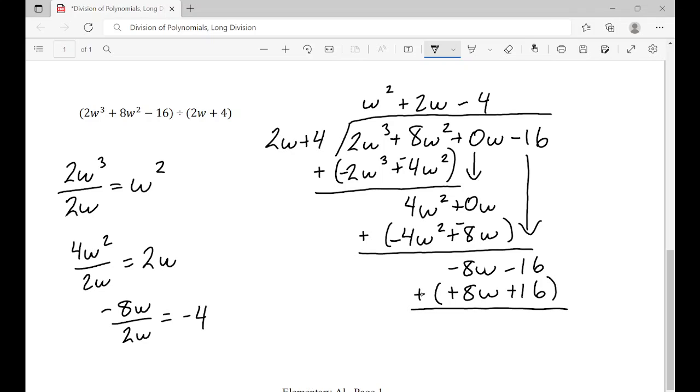So negative 8w plus 8w is 0, gone. Negative 16 plus positive 16 is also gone, so it's a 0. And since we have a 0 for the remainder, there's no need to put 0 over 2w plus 4 because that will just go away. So this whole thing is our answer, or our quotient: w squared plus 2w minus 4.